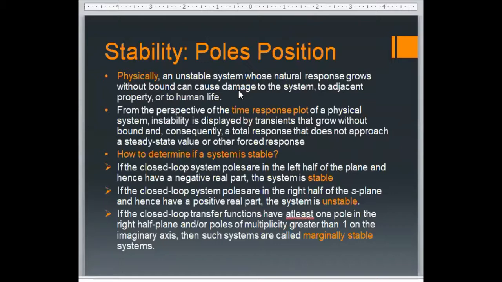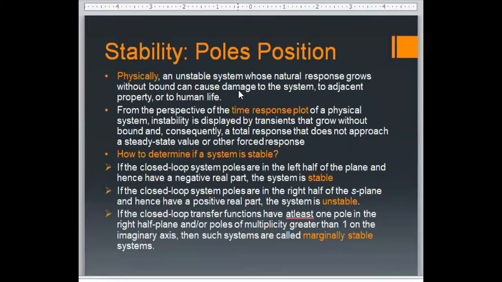Similarly, if your poles are not on the right half plane but are lying on the y-axis, or jω axis, as we know in the S plane, we have the sigma axis or real axis on the horizontal line, and the vertical line we call the jω axis, or imaginary axis.